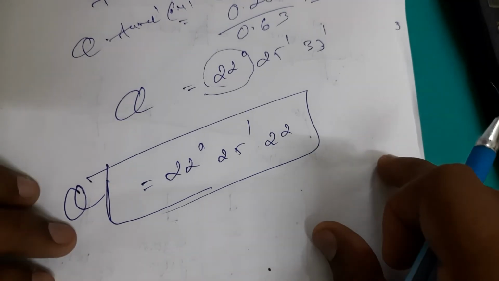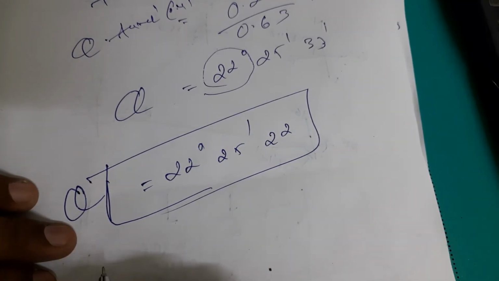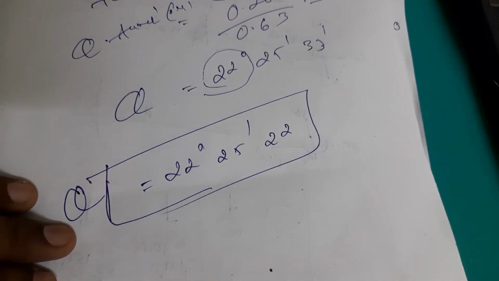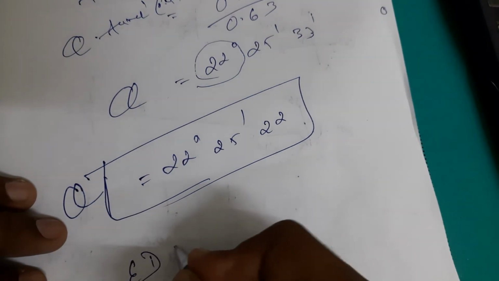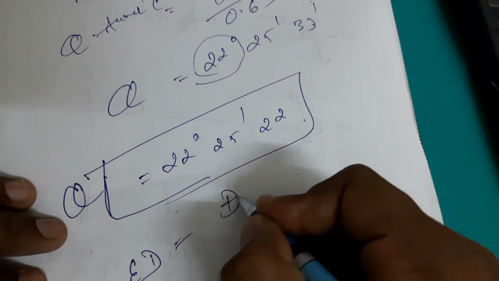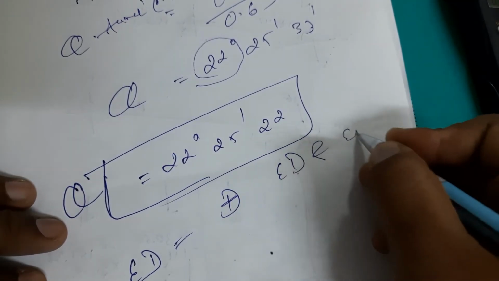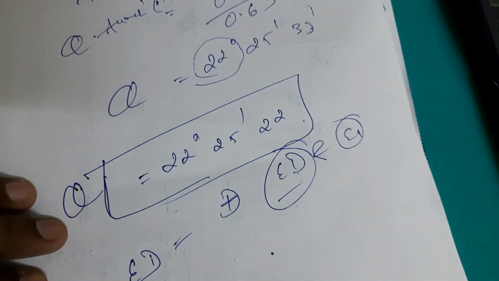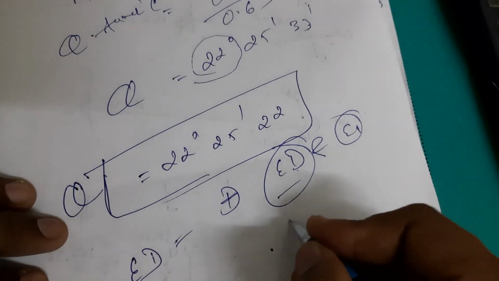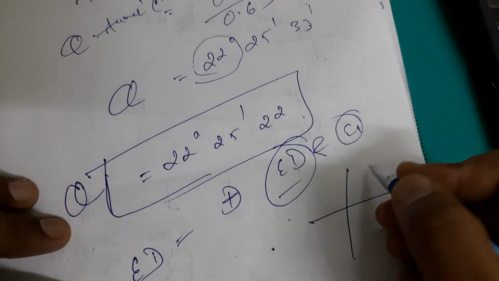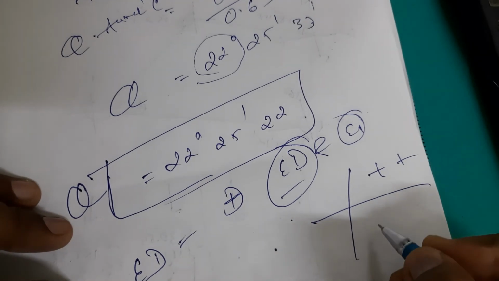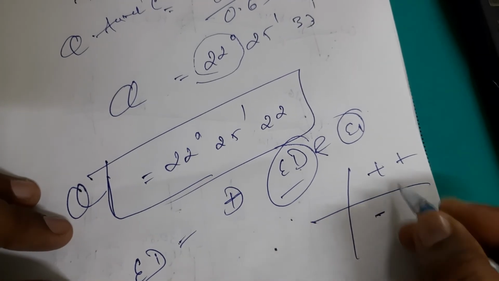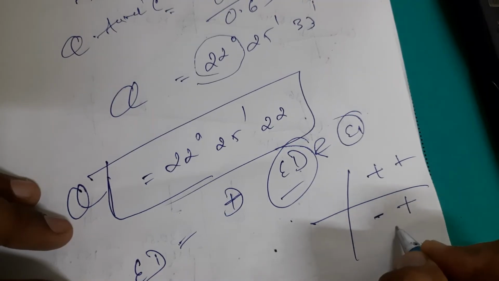Here you can see sigma L and sigma D; we need to check the signs. If both are positive, it is in the first quadrant. If the latitude is negative and the departure is positive, it is in the second quadrant.